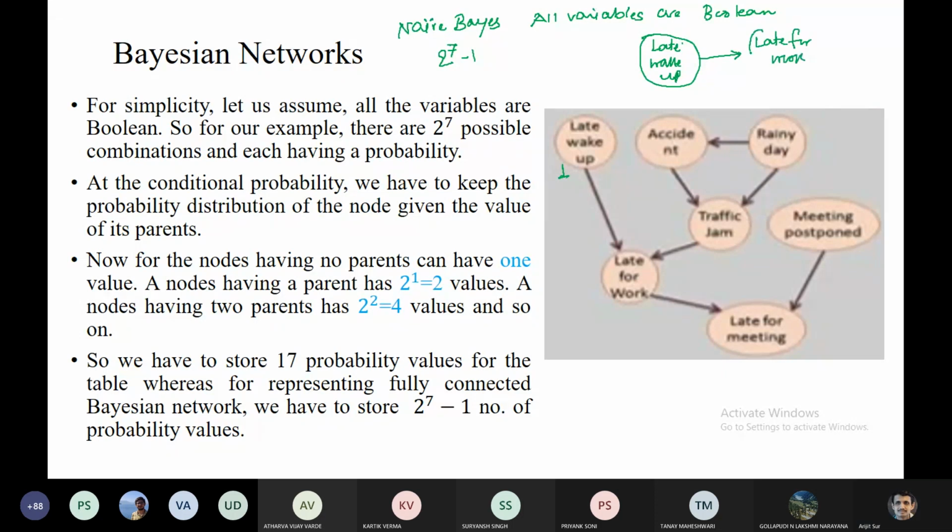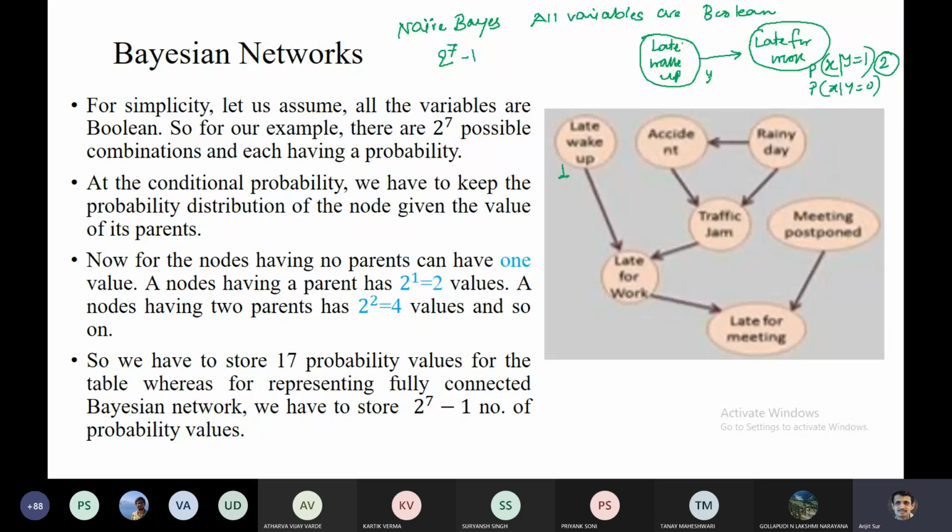Now if we say x has some probability when y is equal to 1, and x when y is equal to 0, then with a single parent we have two values associated with this.